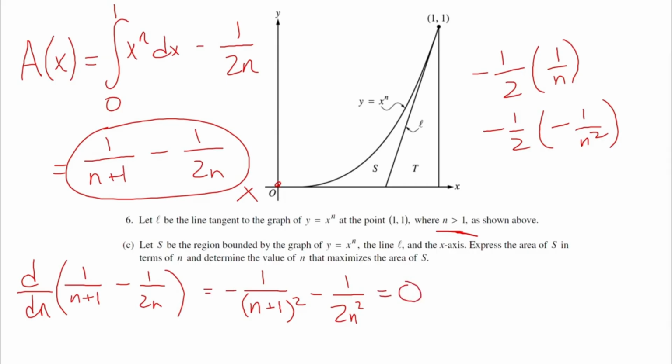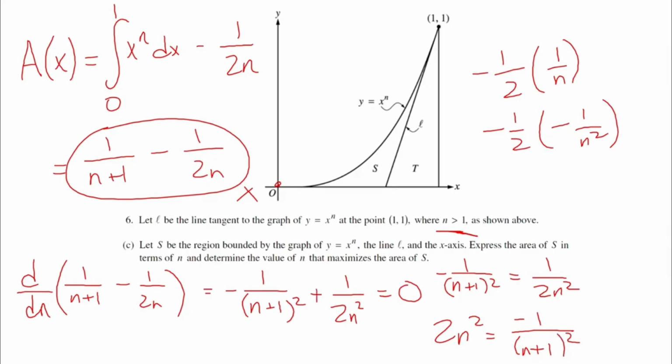So what we'll do is add the 1 over 2n squared to the right-hand side. And then we can cross multiply to get 2n squared equals negative 1 over n plus 1 squared. This was a plus, right?